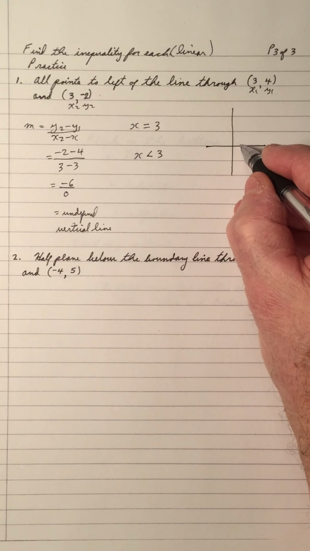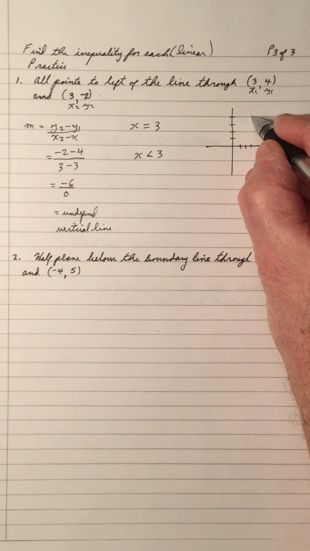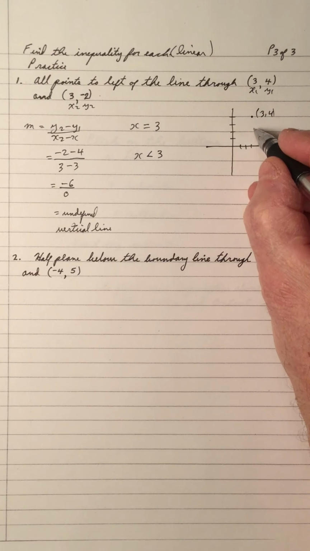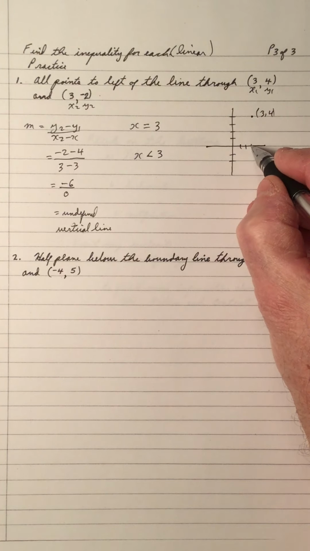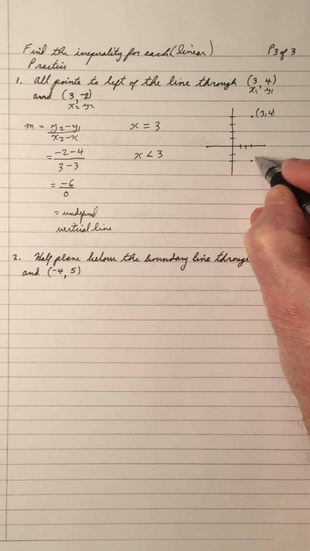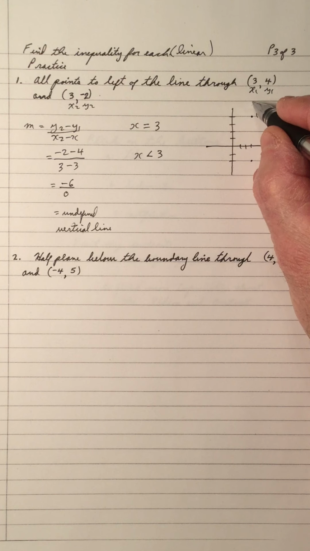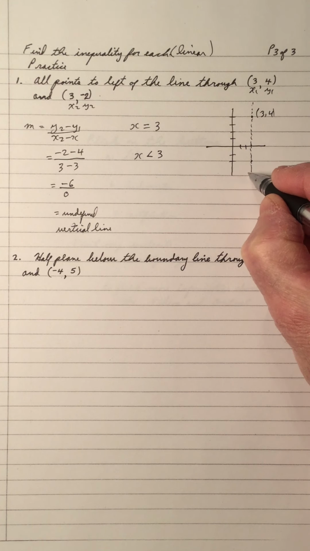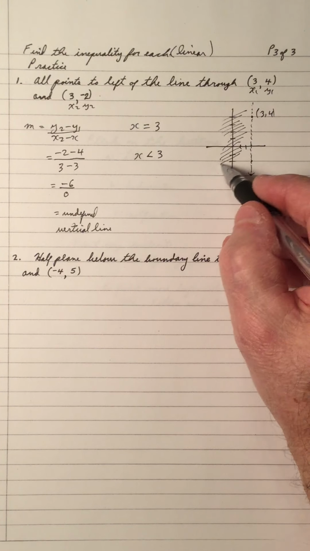If we have the point 3, 4, there it is, and this is the point 3, negative 2. Notice all points to the left of this, and we're not on this line, so there's the broken line because we're not on the line, and to the left there's the graph. That's what we're talking about.